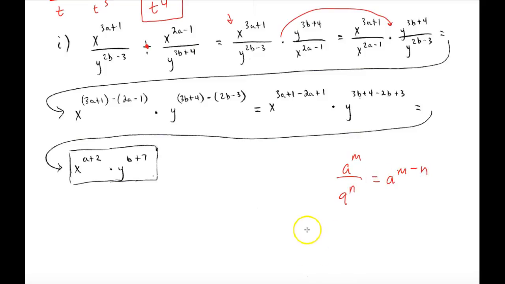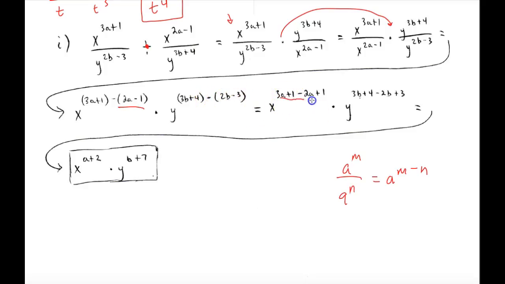Okay, so if you notice here, we're going to be heavily using this particular exponential rule. In other words, subtracting exponents whenever we have the quotient of rational expressions. Okay. So for this first one here, we take 3a plus 1 and subtract that by 2a minus 1. And for our exponential expressions that have y's, we'll have 3b plus 4 minus 2b minus 3.